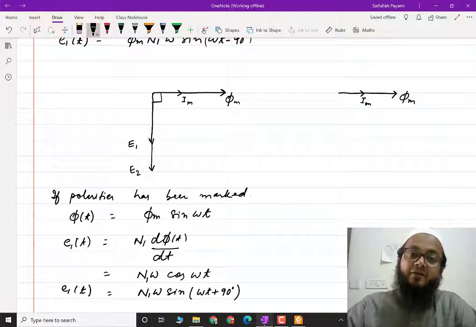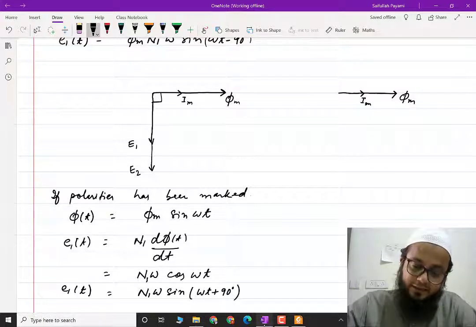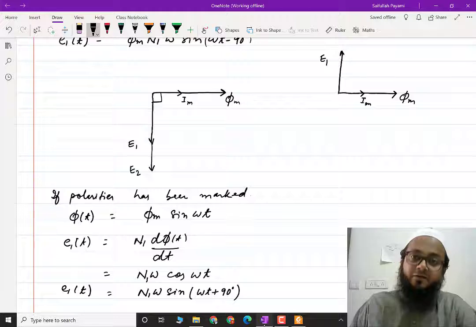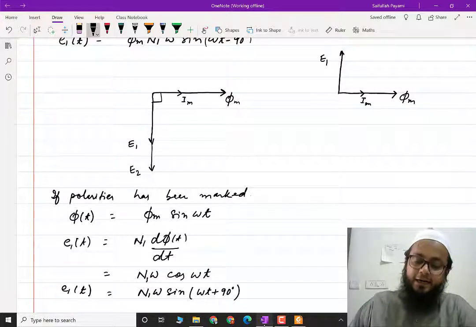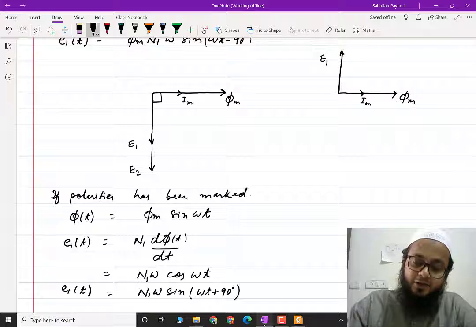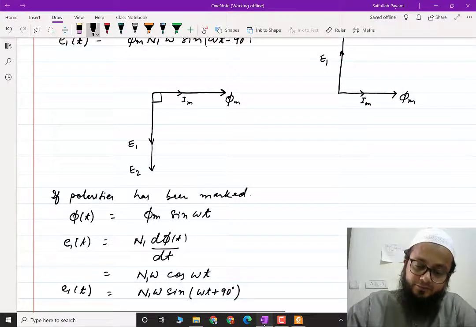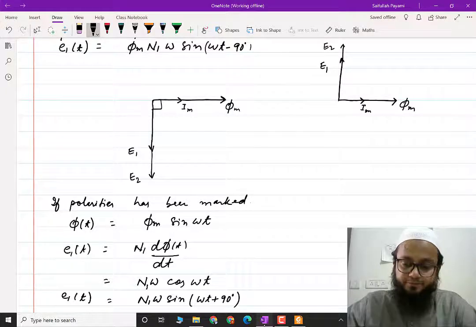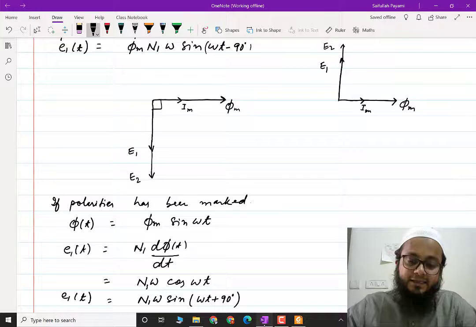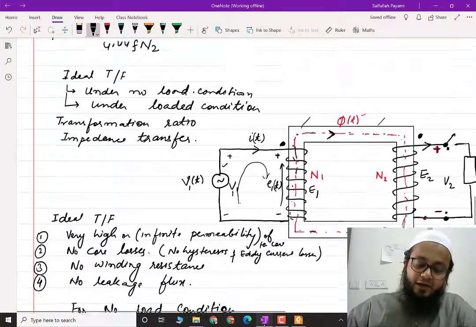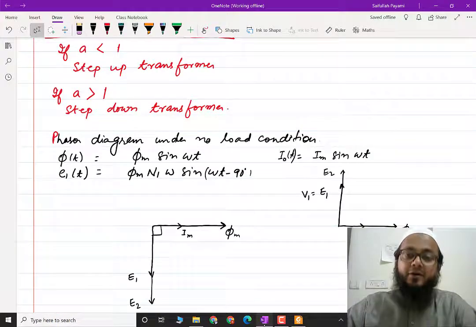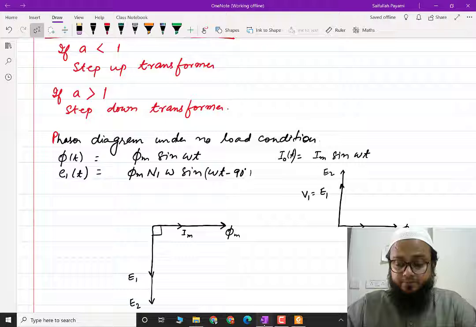With this, if I have already marked the polarities, this is E1, the RMS quantity of E1, which would be 90 degrees leading the flux. Similarly, we would have E2 here. Now, what about V1? By looking at the KVL here, we can directly say that V1 is equal to E1, right? But nothing can be said about the power.